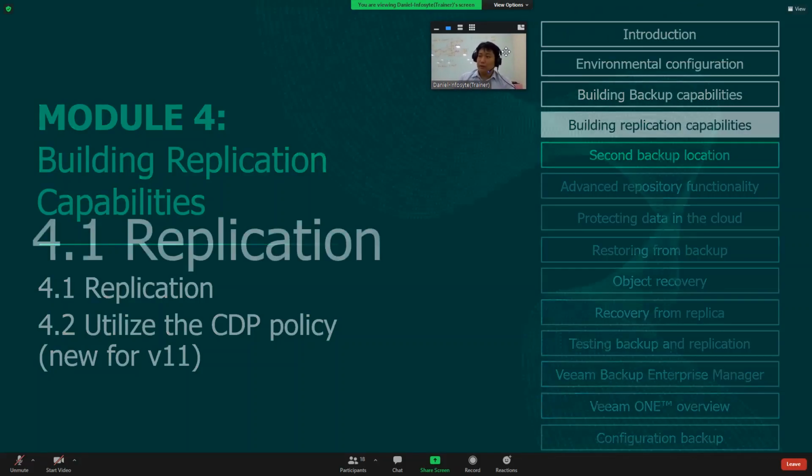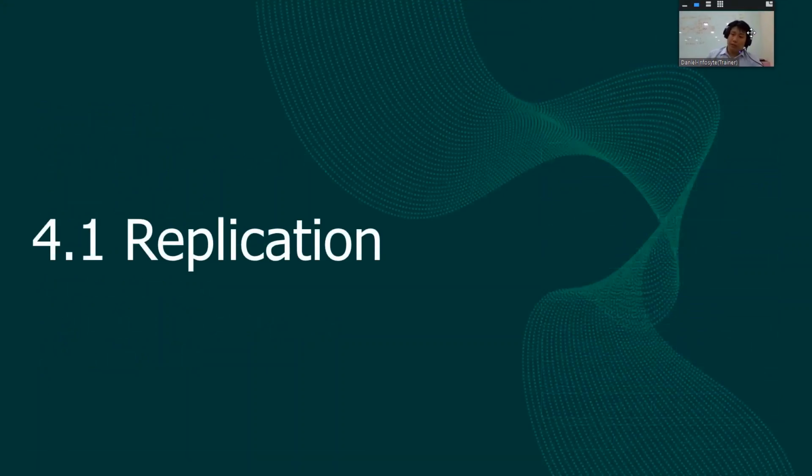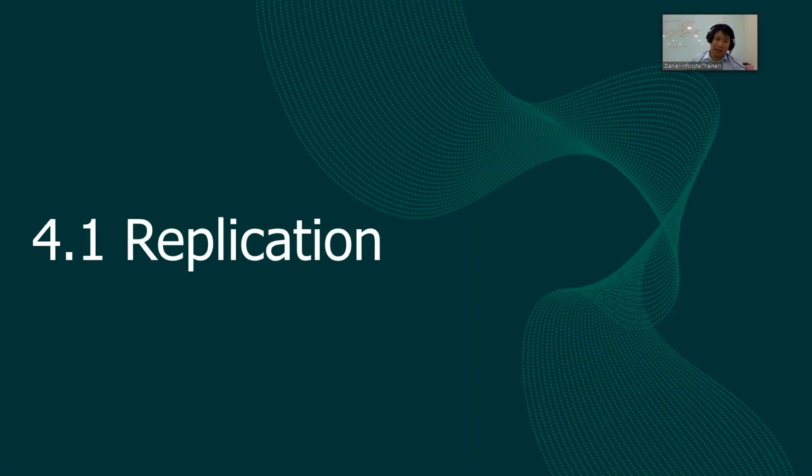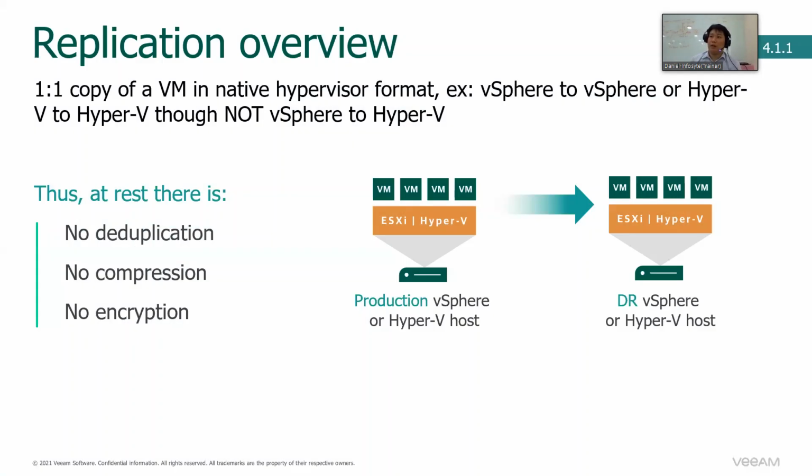So first thing over here, replication. You will see that Veeam software, they call it the backup and replication software, meaning the same software comes with a replication function, which is pretty easy to set up. The license will only charge onto your protected object, similar to backup. I did check from the license itself: if you are backing up and also replicating the same VM, they only charge you one license for that.